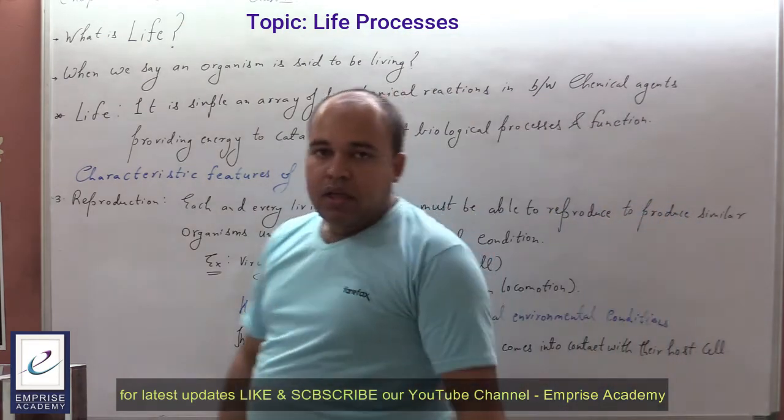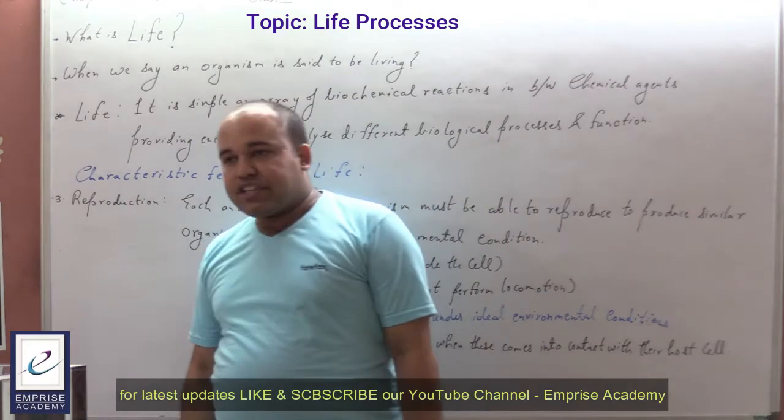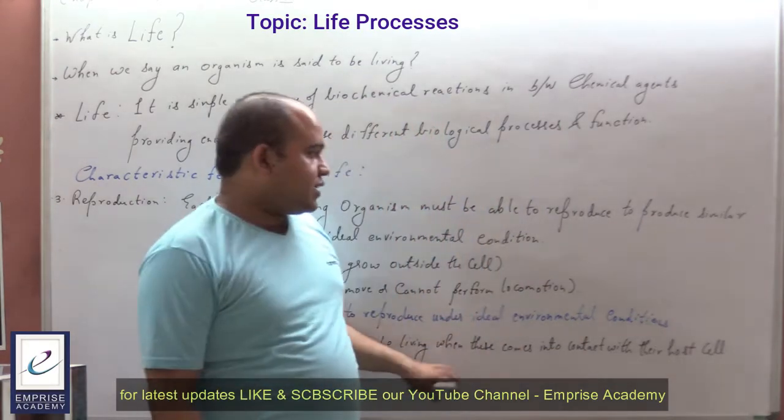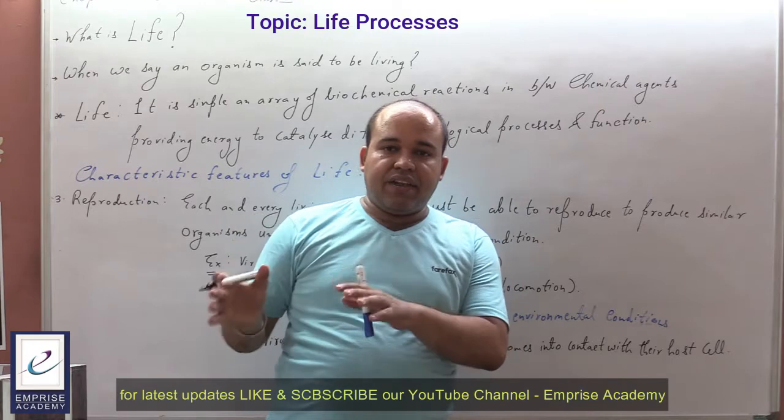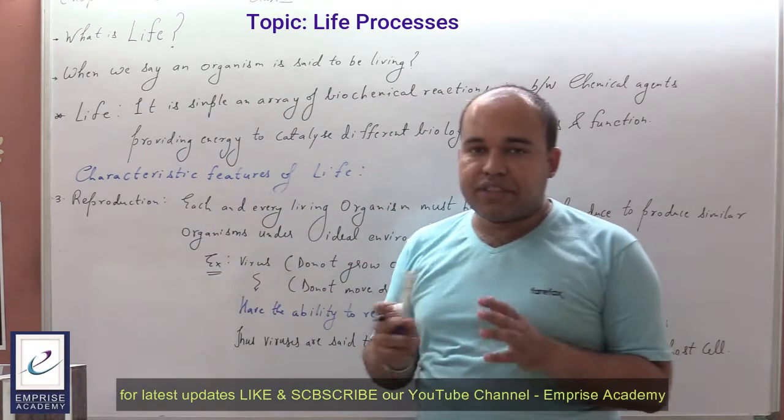Okay, so these are the certain characteristic features of a living organism. Viruses are considered to be a connecting link between living and dead, but are considered to be living when they are coming in contact with their host cell.